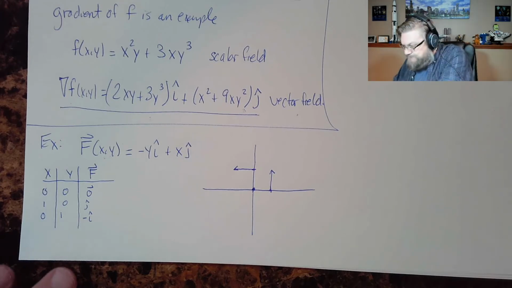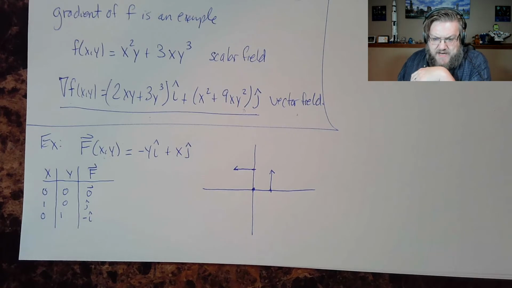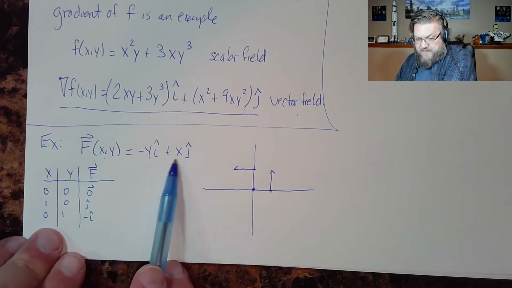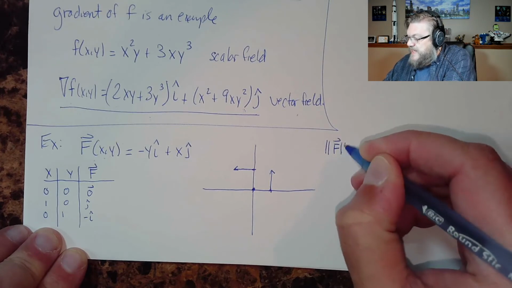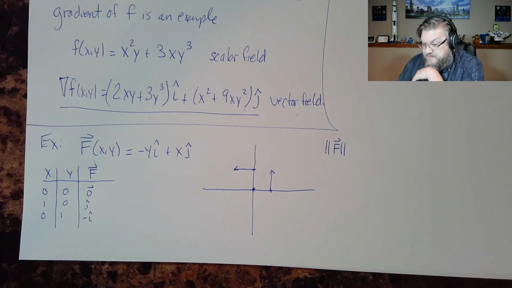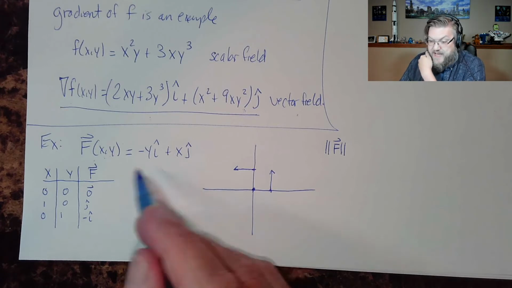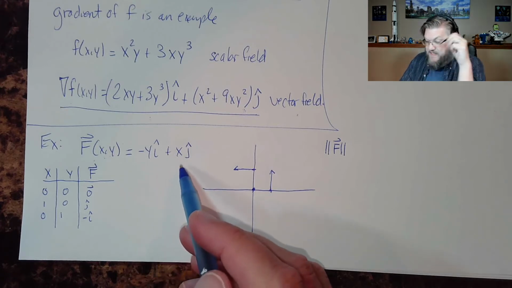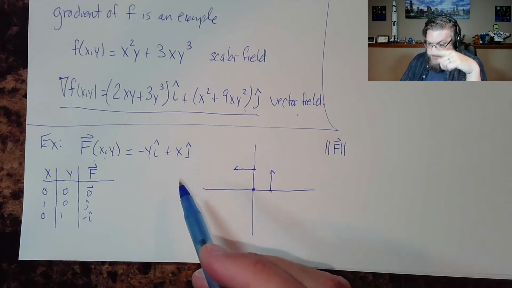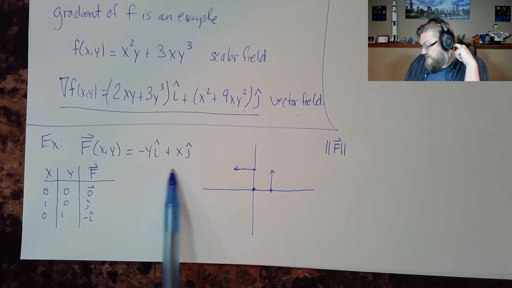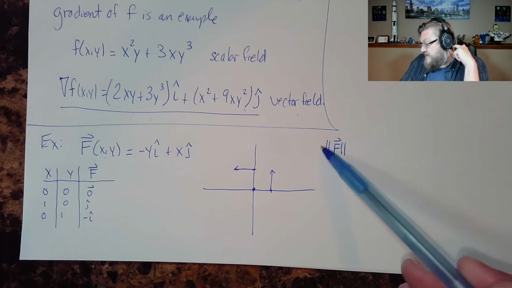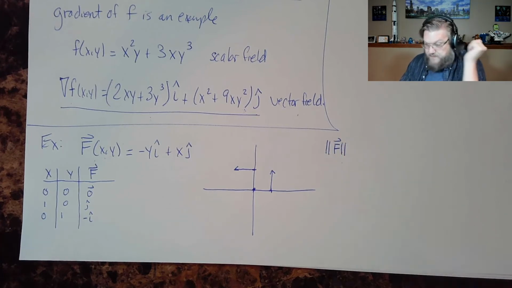For instance, right, I might ask, well, okay, this is a vector. Have you considered what the magnitude of this vector is? And maybe explore that a little bit, right? Since this is a vector, it has magnitude and it has direction, right? And so I might, if I'm trying to understand this vector field, try to understand the magnitude of the vectors involved.